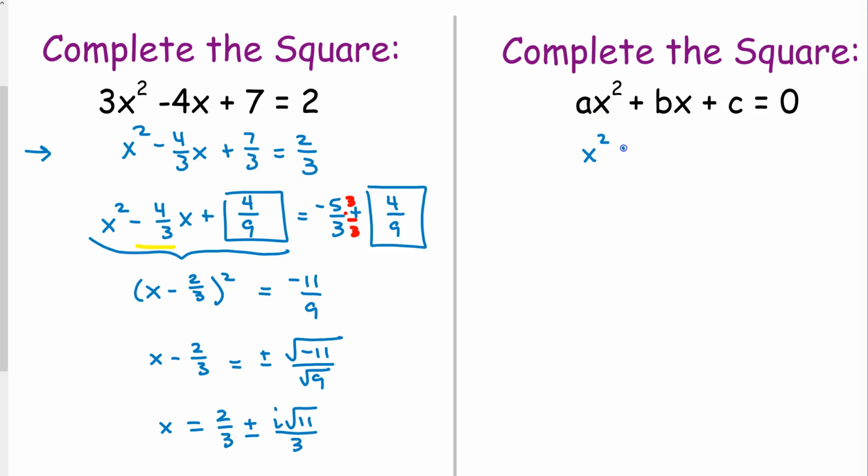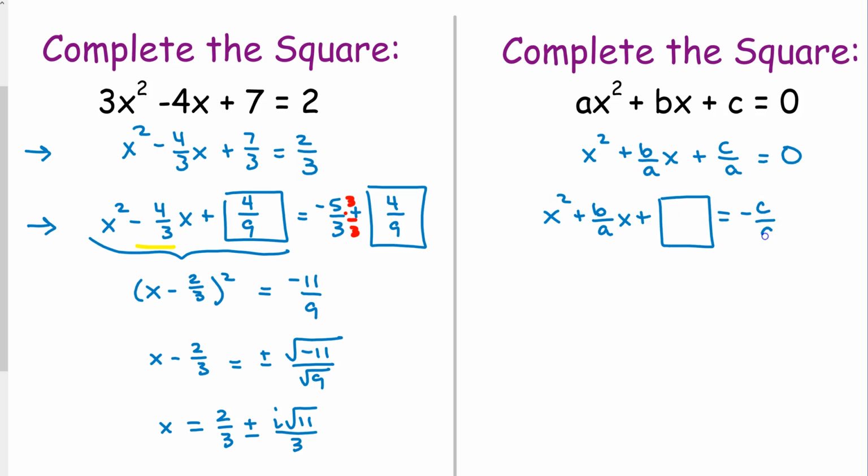And we have x squared plus b over a times x plus c over a equals 0. In the other one, the next thing I did was subtract my constant to get it over to the other side. So x squared plus b over a x, leaving the space for completing the square. So I'm going to subtract c over a.